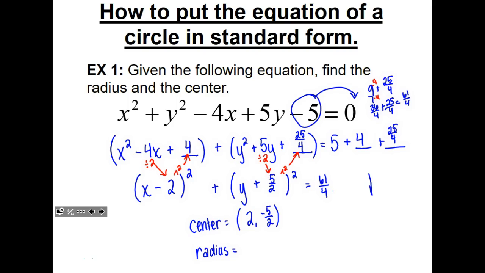And when we have the square root of 61 over 4, can we take the square root of 61? We cannot. We'll leave it. But can we take the square root of 4? It is 2. So probably if you see it in square root form, you're probably going to see the square root of 61 over 2 instead of the square root of 61 over 4, even though they're the same.